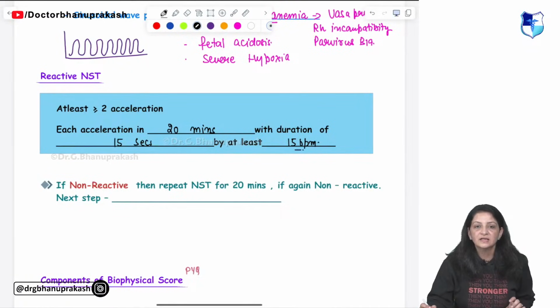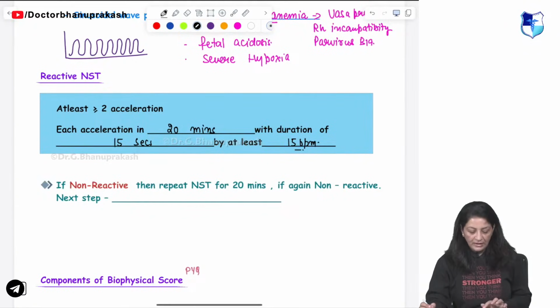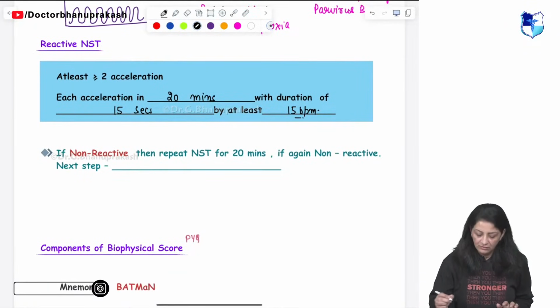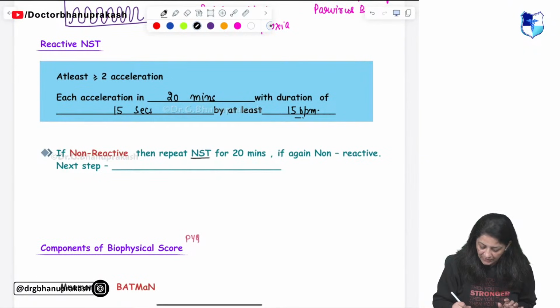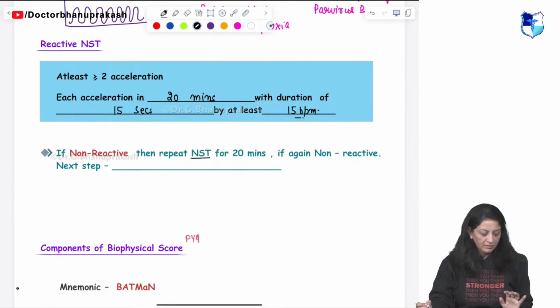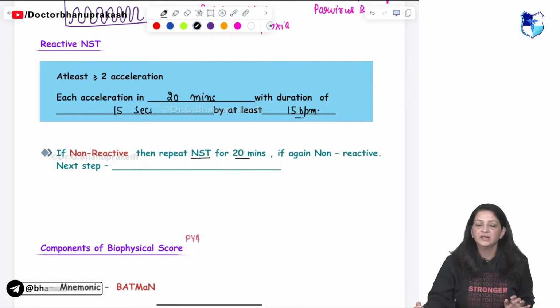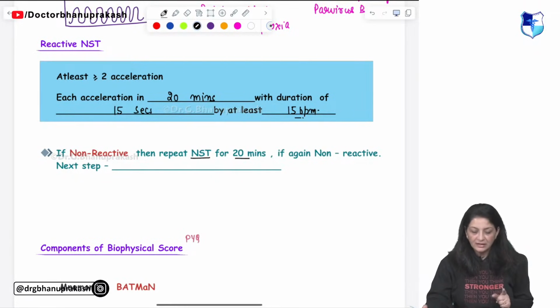So this is called reactive NST. If non-reactive, then we have to repeat NST for 20 minutes again. If again non-reactive, then next step.